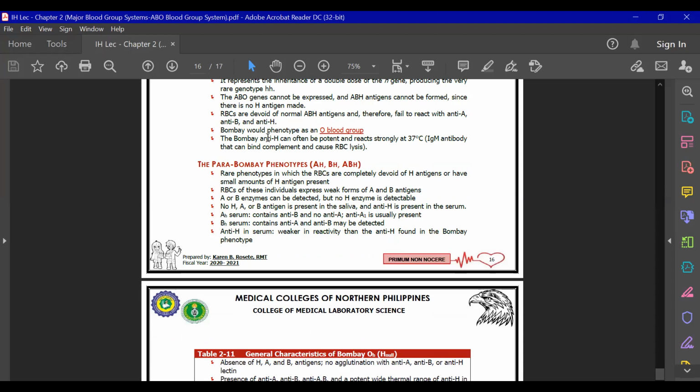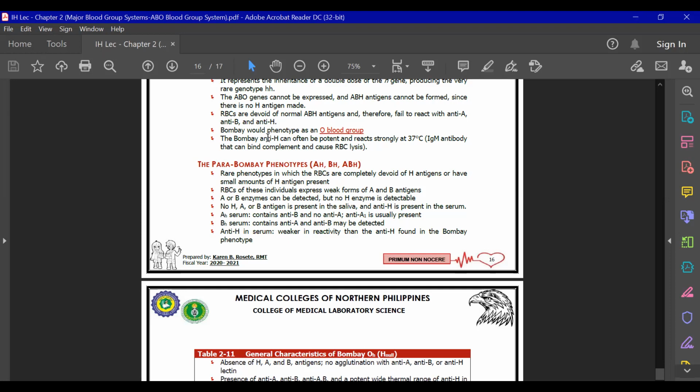My question here is, when we transfuse, individuals who have a Bombay phenotype must be transfused with units having the same phenotype. It should be Bombay to Bombay.